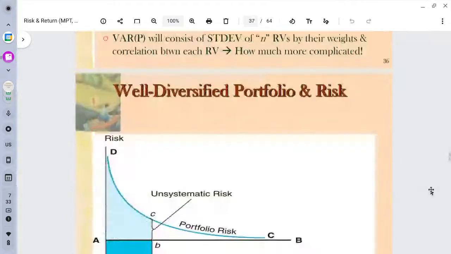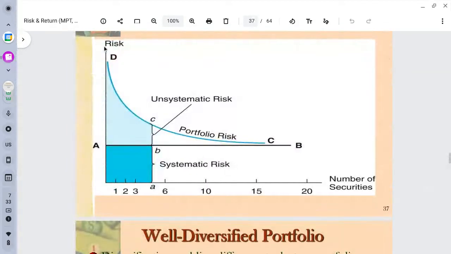So if I show you by graph, see, with one asset, risk is on this side. But as you add more and more assets, when you have more than 15 assets, and when I say assets, that means stocks from different industries.